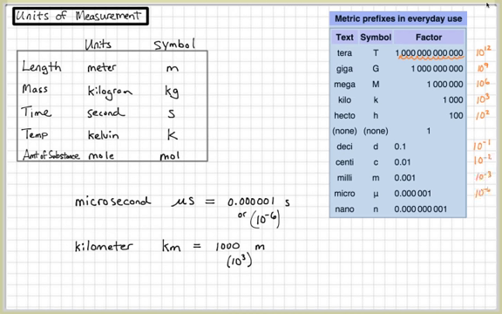Down to nano, which is 10 to the minus 9th. You should memorize, again, be familiar and have at your fingertips these factors along with the symbols for the prefixes so that you can use them quickly and easily in calculations.